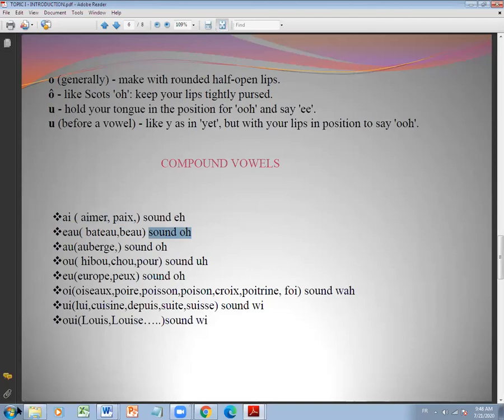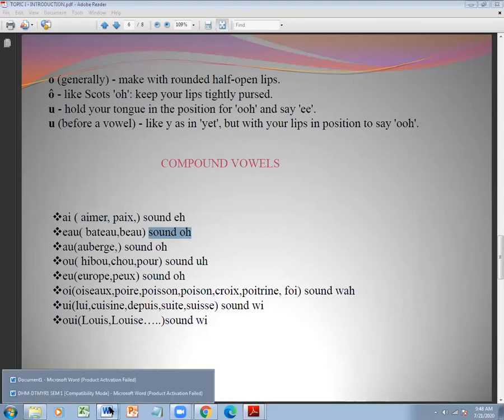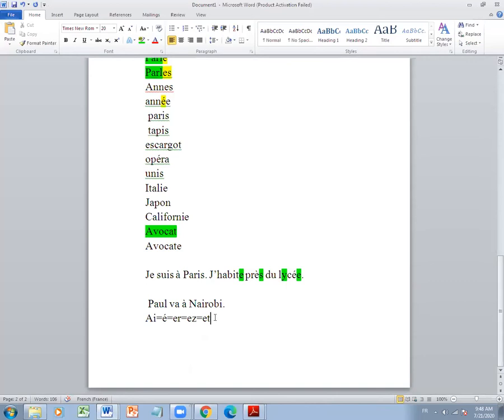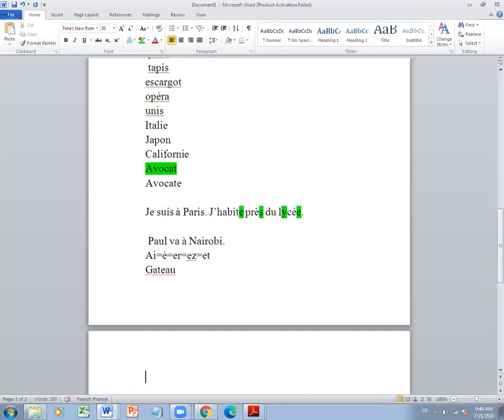You see, once you practice this, it sinks in your mind. Reading will be very, very simple. So we say bateau, we say bureau. Other examples of the same, we can say gateau.